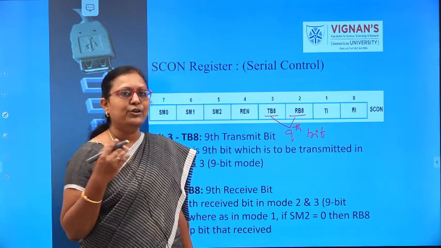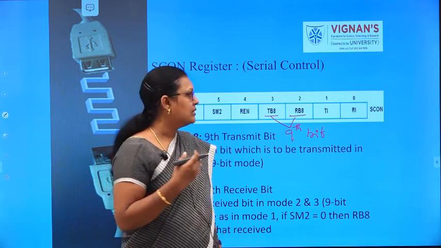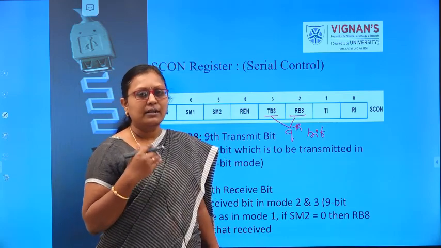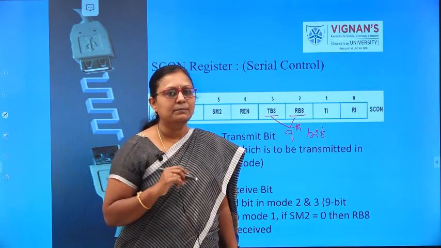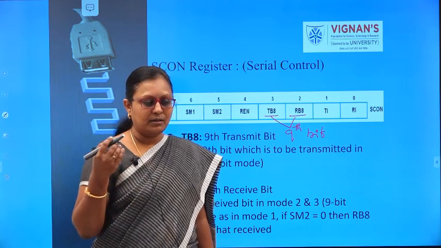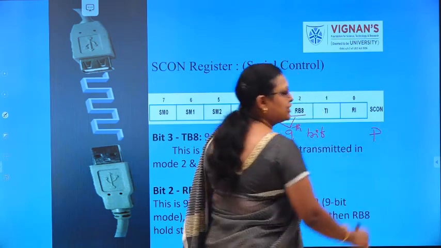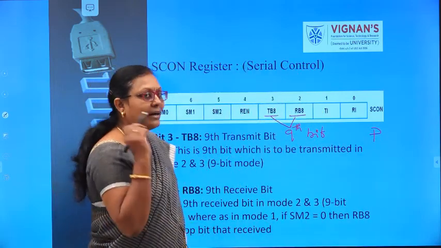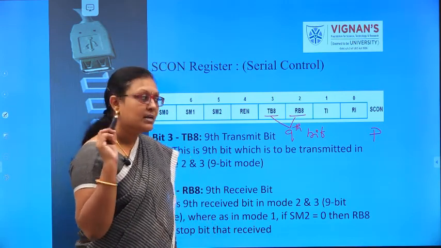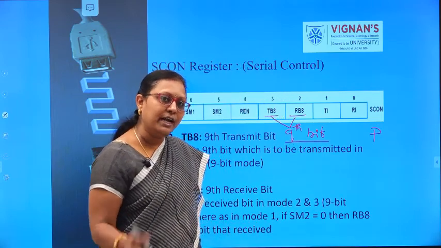For example, if the error code has to be specified along with your data, we have seen one bit in the program status word register, the parity bit, represented by P. That parity bit will be specified as the 9th bit in this transmission along with your 8 bits of data.